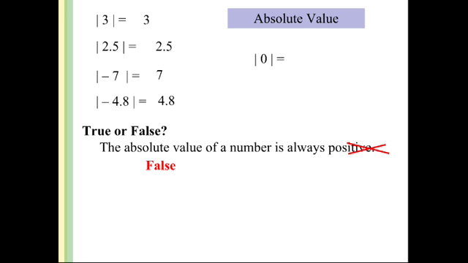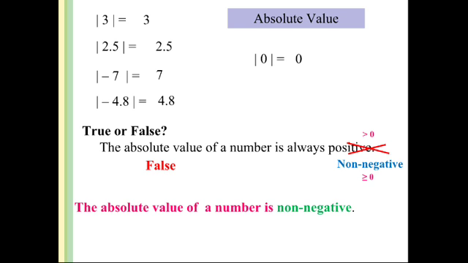The definition for absolute value is, yep, here's the definition. The absolute value of a number is non-negative, which is kind of a cheesy way of saying it's not negative, but not necessarily positive.